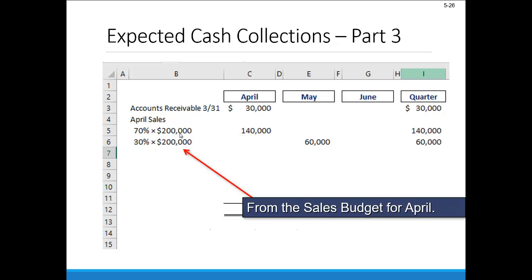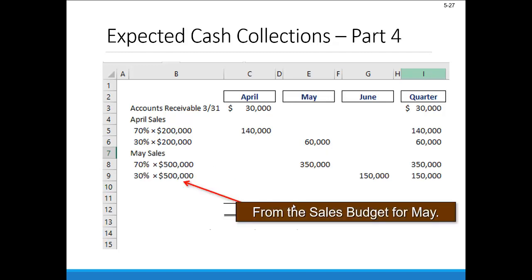So here in April, we're saying, hey, I assume I'm collecting 70% of April sales of $200,000, or $140,000. I'm collecting the other 30%, or $60,000, in May. And then I do the same for the other months. So May sales of $500,000, 70% collected in May, $350,000. 30%, or $150,000, collected in June, the following month.